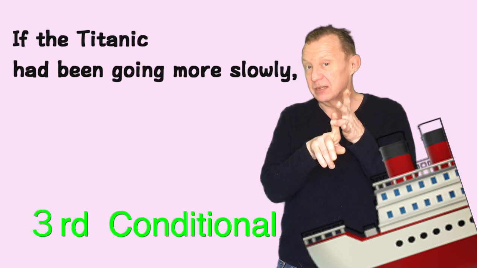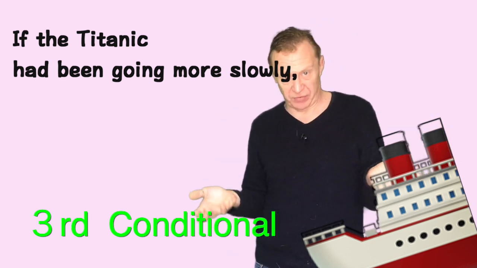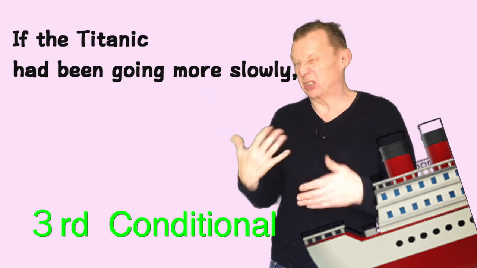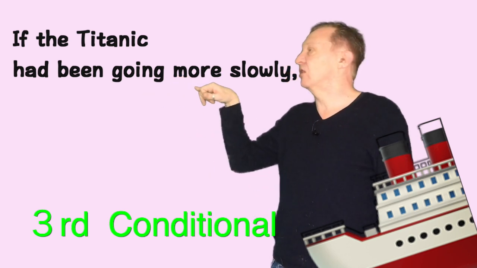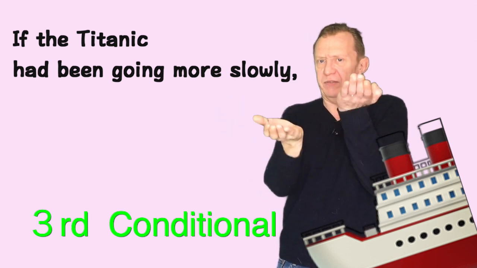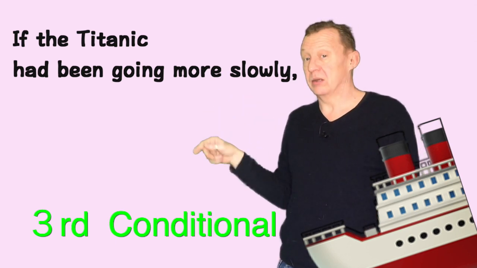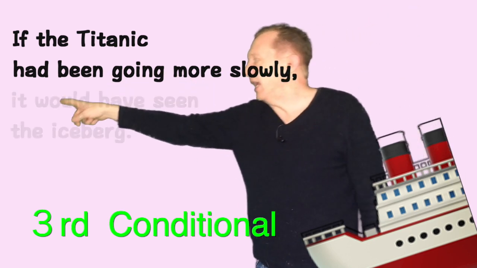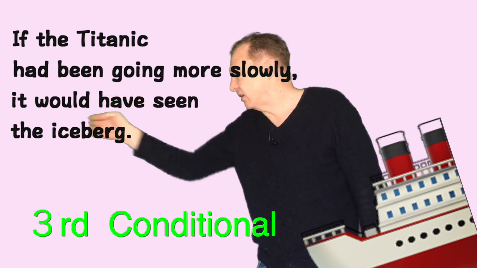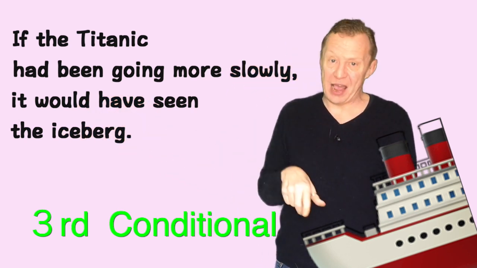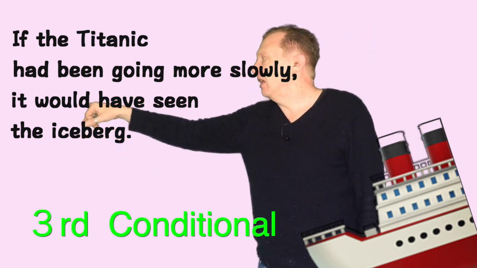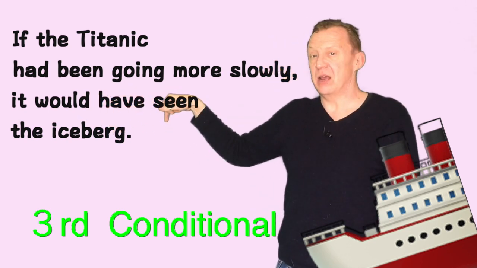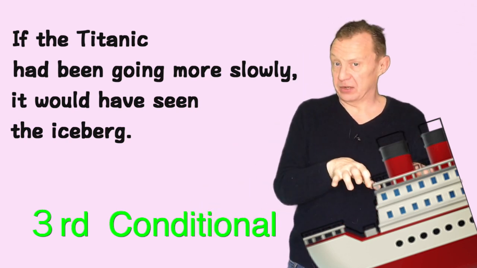Had been going, because it's continuous, more slowly, comparative. Comma, end of the first clause. Second clause. It, the Titanic, it would have seen, would, conditional, have seen, present perfect.